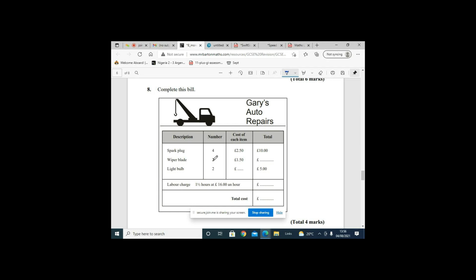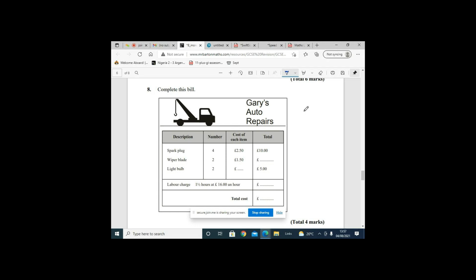Your pen is covering the number here. Oh, sorry, your pen? Okay, I've moved. Okay, this is rate. So, for example, 2 multiplied by £1.50 equals, plus 3.